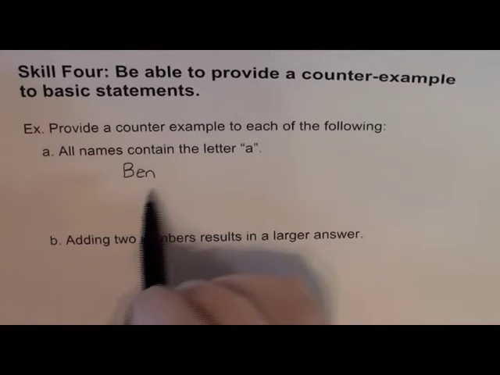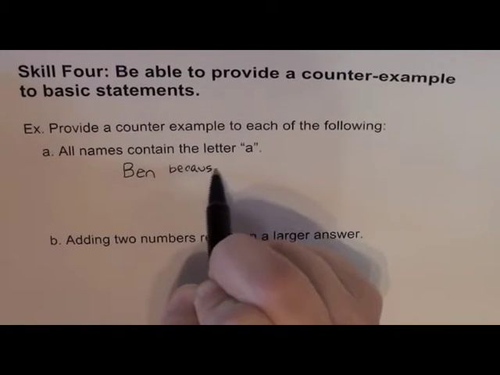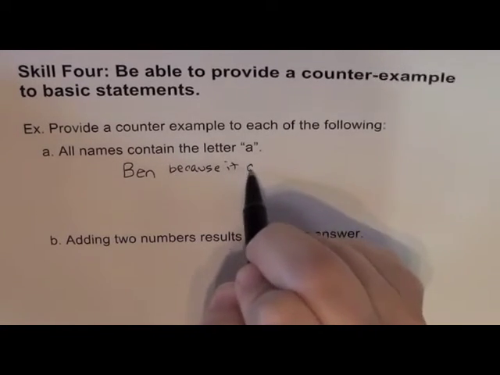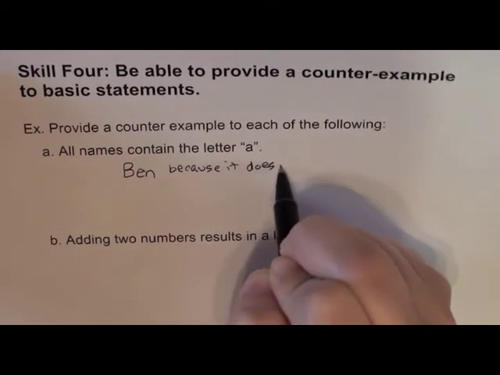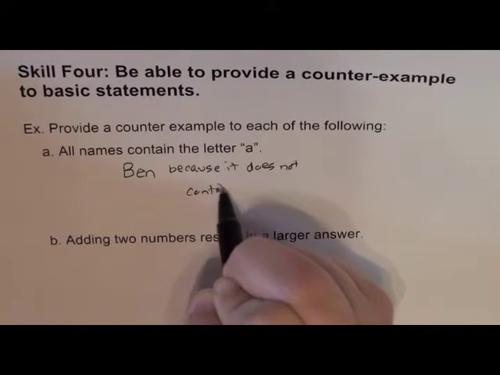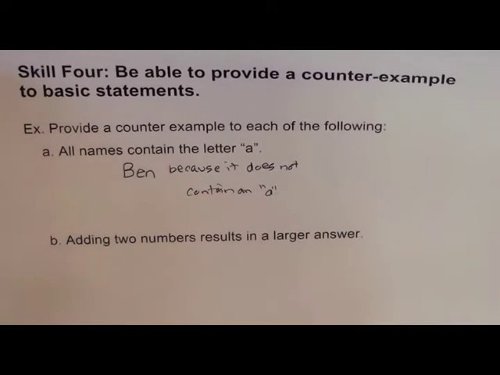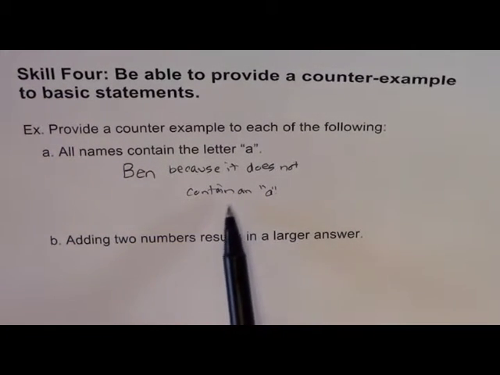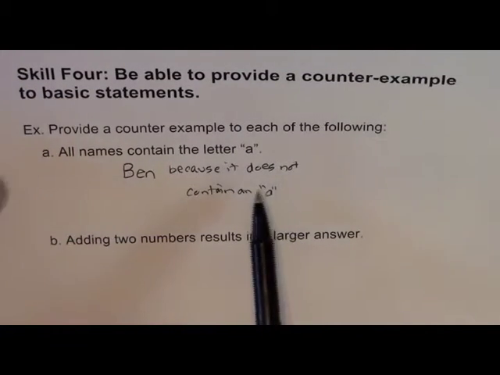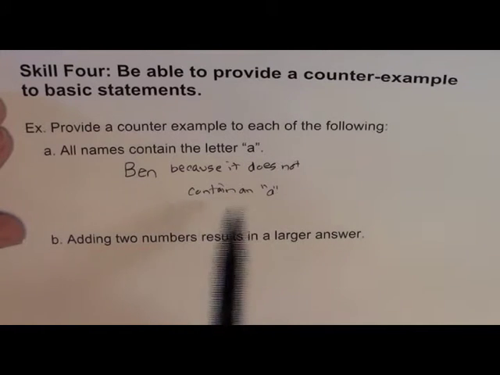And Ben is a counterexample because it does not contain an A. Now, the explanation isn't necessarily needed unless it says something like, explain how you know this is a counterexample. This is a counterexample because Ben is a name and it does not contain an A.